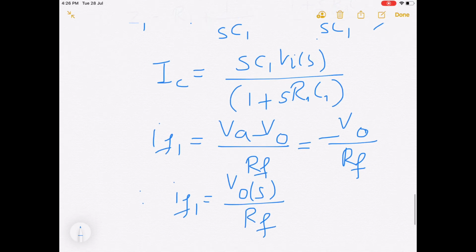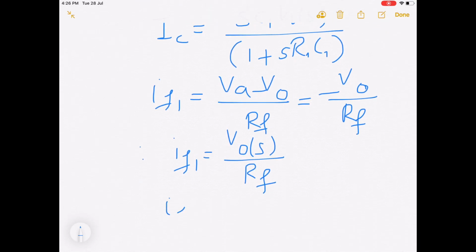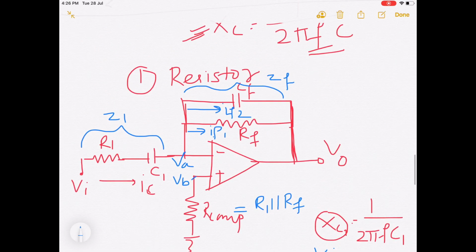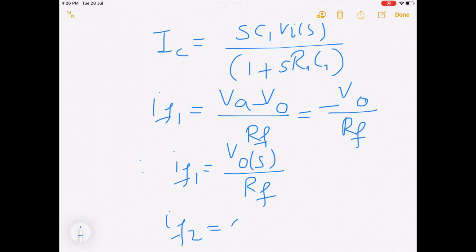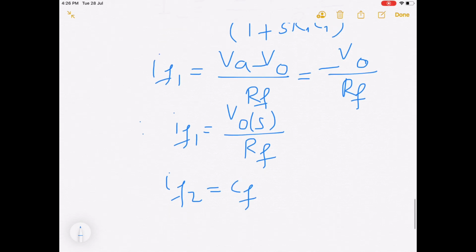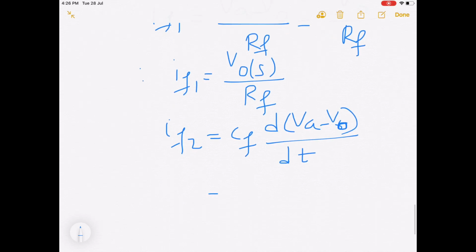Now similarly, the current IF2 flowing through CF. IF2 is equal to CF, that is the capacitor, times d(VA minus VO) by dt. Now VA is 0, so it becomes minus CF dVO by dt.